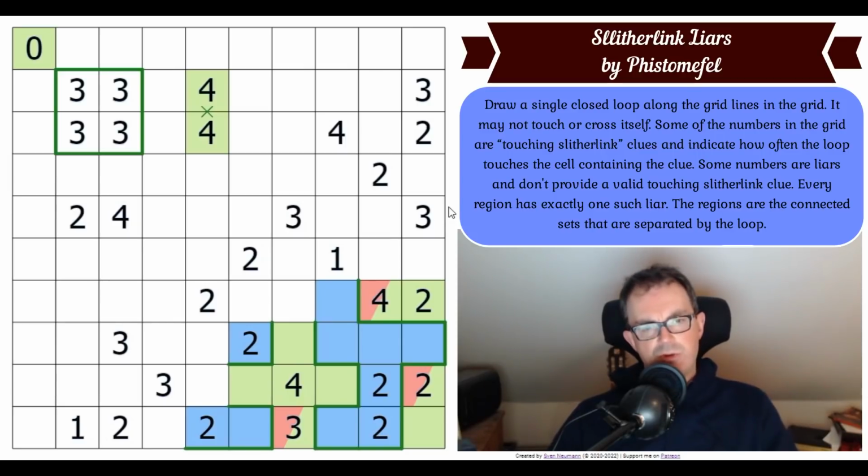So if it's true, I have to do that, don't I? Which actually looks quite good from the perspective of making sure this 2 clue is correct. This would be lying. No, it wouldn't. What am I talking about?